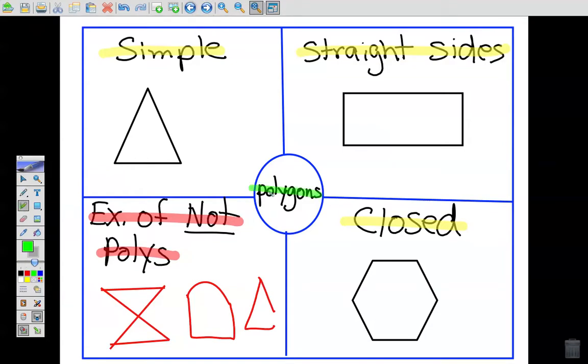Now, what we have here is kind of what I call a map diagram of what we call a polygon. Now, a polygon seems like a really weird name, but really it's kind of simple. The prefix poly means many. And so a polygon just means a many-sided figure. Let me make a screen here.